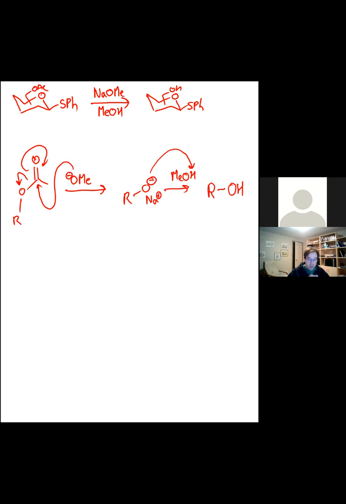So this is how you deprotect the acetate. There are other ways to do it. They're not particularly important. They're all kind of relying on this basis of nucleophilic attack. So, strong nucleophilic base, nucleophilic.